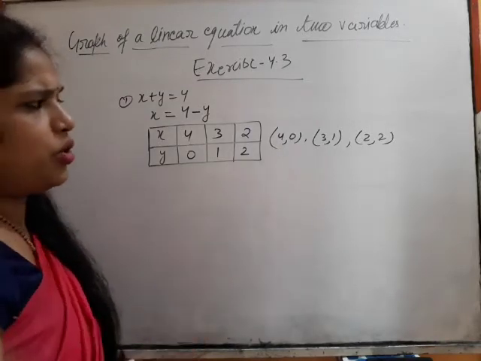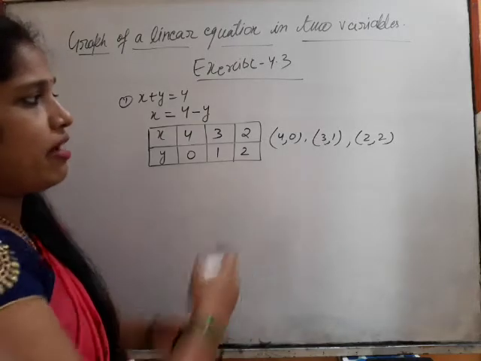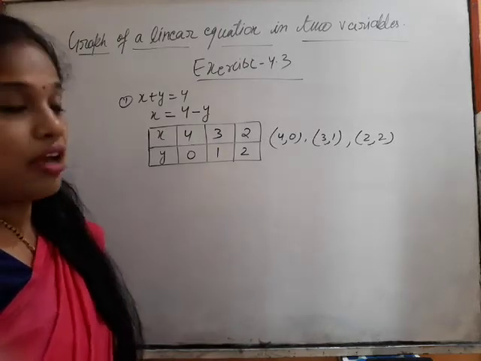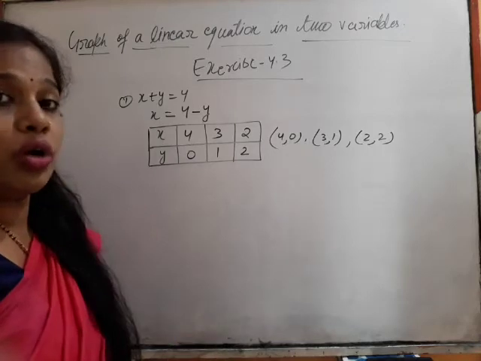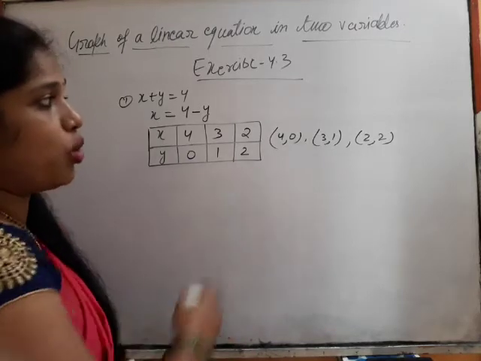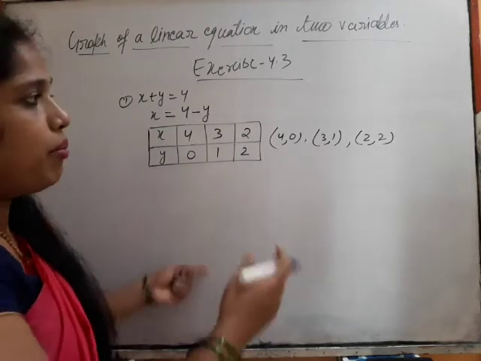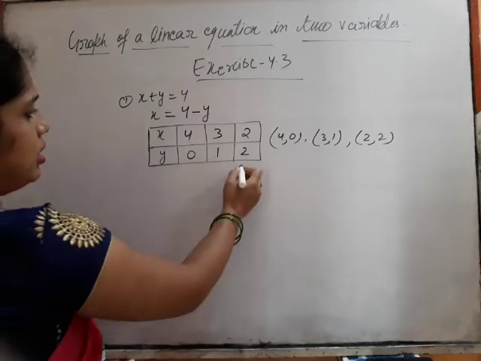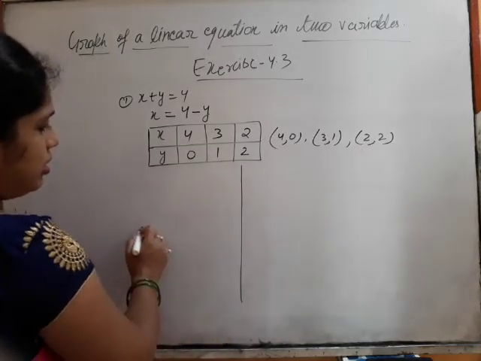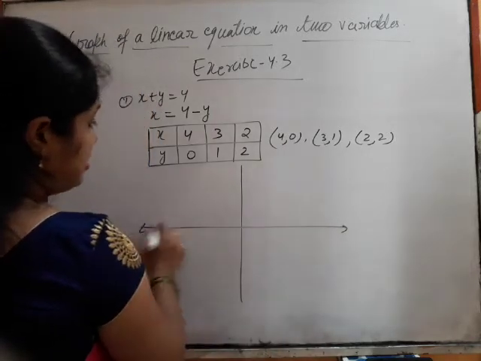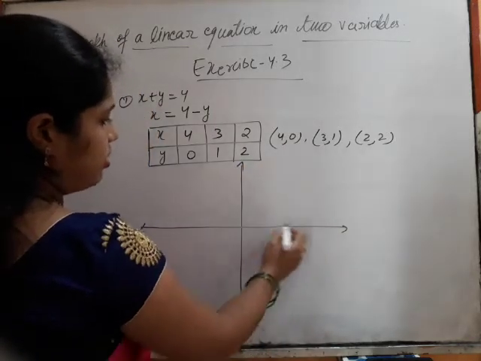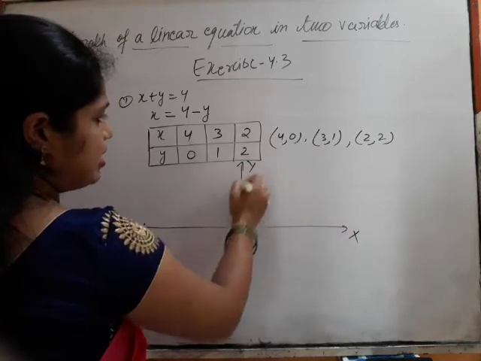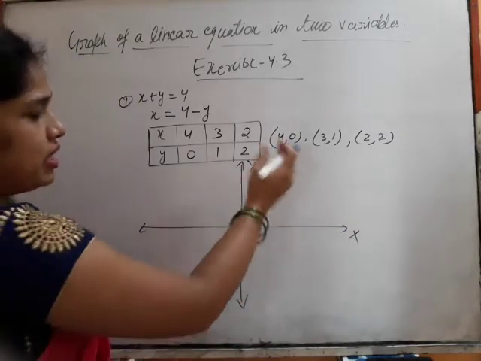Now students, we have the coordinates, but we don't know where these coordinates will lie in the plane. So we need to have a graph. This is the x-axis and this is the y-axis.